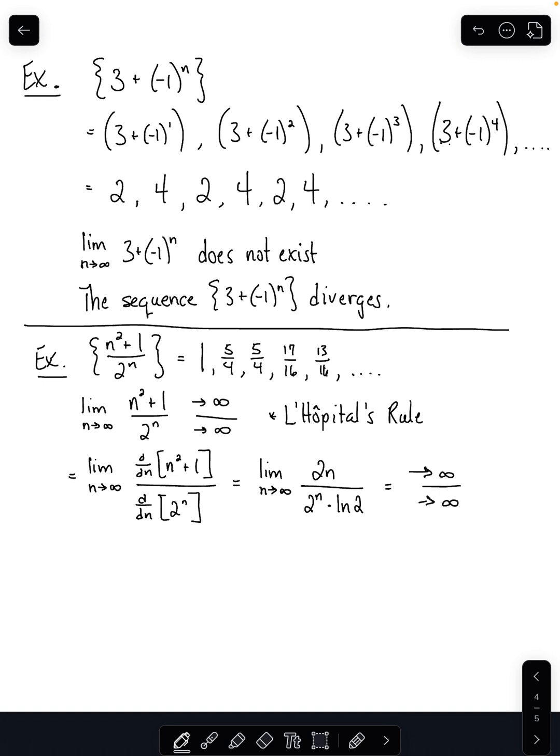So we will have to use L'Hopital's rule a second time. This time, we're doing the derivative of 2n in the numerator, and in the denominator, the derivative of 2 to the n times the natural log of 2.